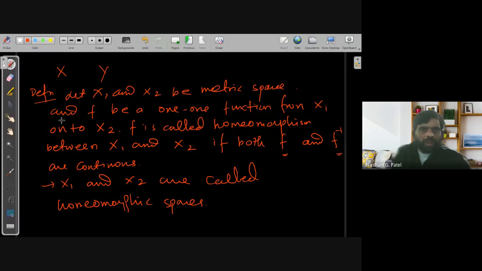Now, with the help of this definition, we'll have the next result, which gives you certain ideas regarding this homeomorphic function. Let X1 and X2 be metric spaces.